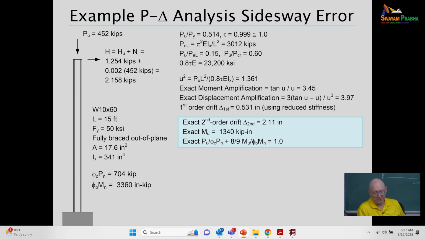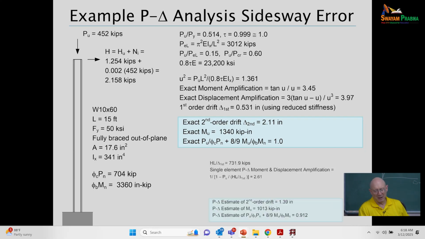And this example is contrived so that if you and I take those and do a direct analysis method unity check of member verification on this beam column, we get a unity check of 1. So with the exact solution, we're right at what AISC would suggest is capacity.